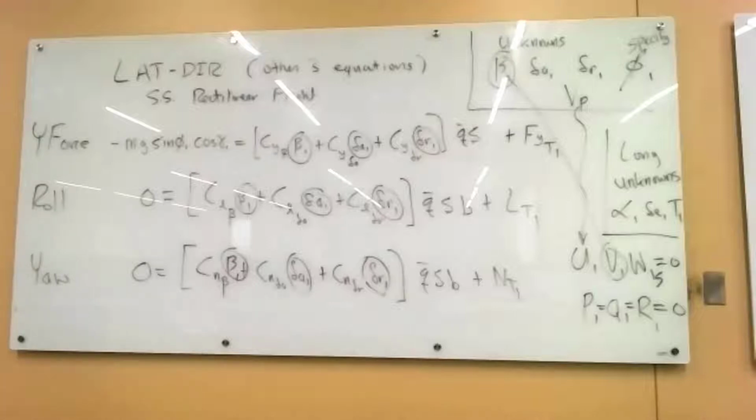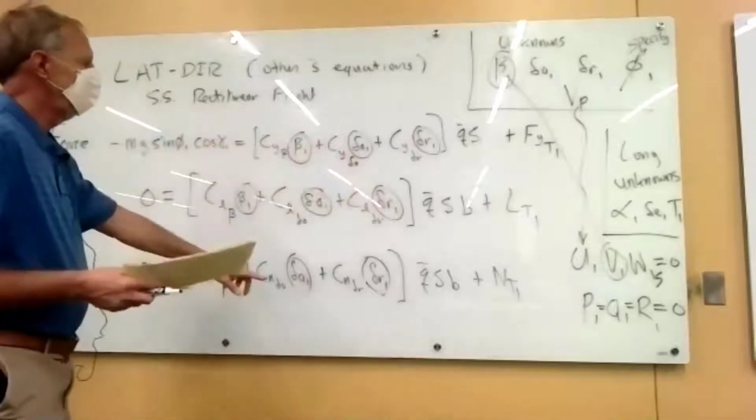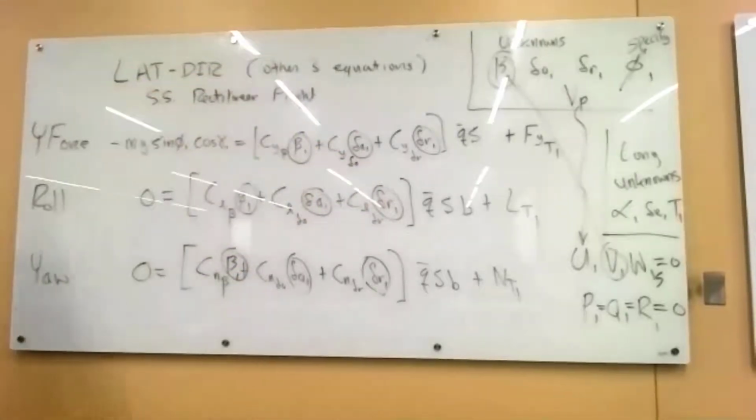So this is a little harder because it's 3 by 3, but we can set it up into a matrix. We'll shove the stuff that doesn't have the unknowns in it on the right-hand side and put a matrix of the unknowns here. So that's what I'm going to write next.